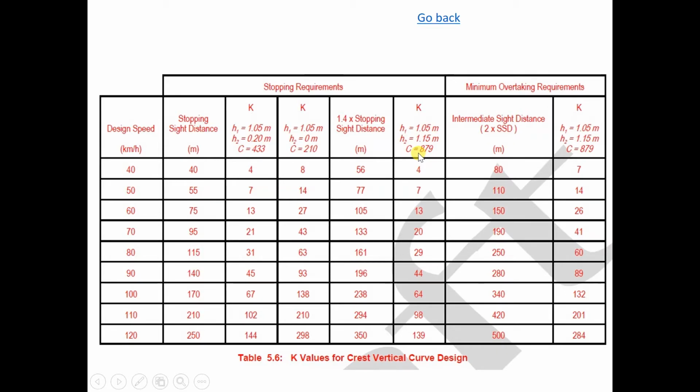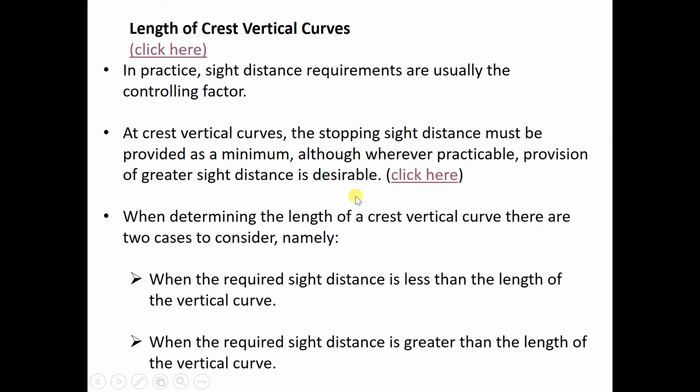For the curve you usually have two gradients, the two tangents. These are the K required for the stopping requirement or for the overtaking requirement. So when determining the length of the crest vertical curve, there are two cases to consider.